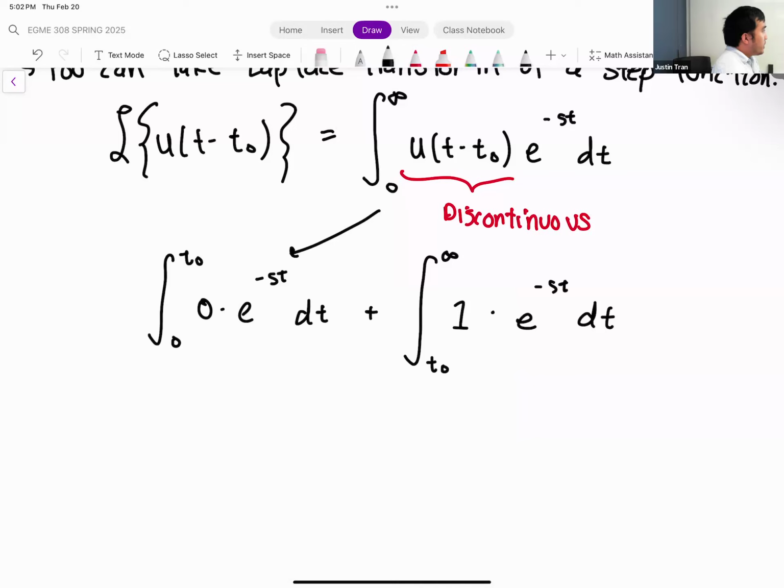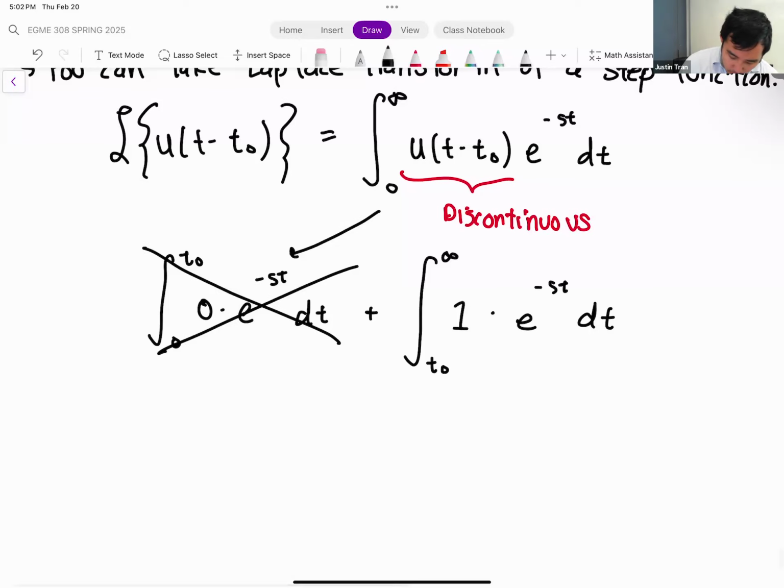Okay, so let's evaluate these integrals. The first integral, we have 0 times e to the minus st, so no matter what the integration bounds are, that's going to be 0. That makes sense because the step function is just not activated or turned on until t naught anyway, and so everything up until t naught we just ignore. Right?